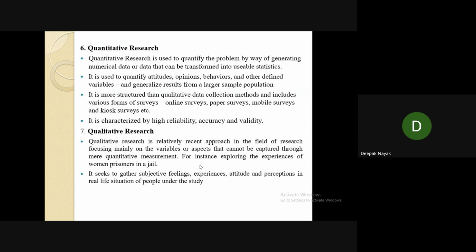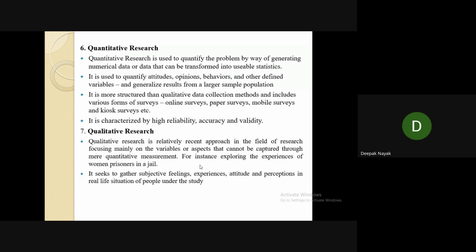You have to understand the internal experiences through different behavioral observation and their expression. And these things are very much subjective, and you have to capture them as they are in a real life situation. Here you don't have much to do with numbers. What you have to see is the qualitative aspect of things.